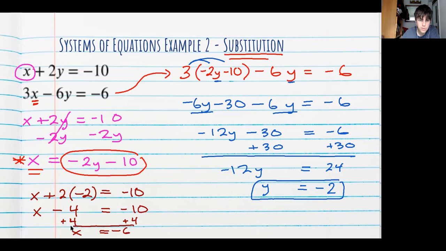So there we go. There's our solution for x, -6. We can leave it like that, or we could write our solution as a coordinate point, x first, so -6 comma -2. So these two lines, if we graph them, should intersect at this coordinate point.